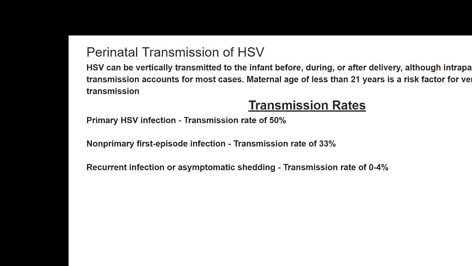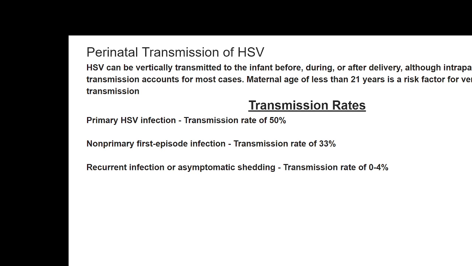HSV is known to be transmitted vertically, from the mother to the child during or after delivery, though intrapartum transmission accounts for most of the cases. So it can occur during delivery or after delivery, and it is known to occur prior to delivery also. Maternal age of less than 21 years is a risk factor for vertical transmission.